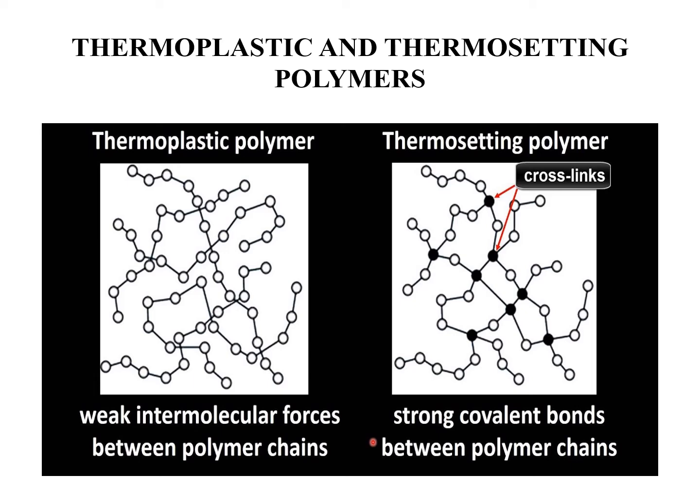Now the thermosetting polymers. Thermosetting polymers are mainly network polymers or cross-linked polymers. They become permanently hard during their formation and do not soften upon heating. Unlike thermoplastic polymers, they cannot be softened when heated.